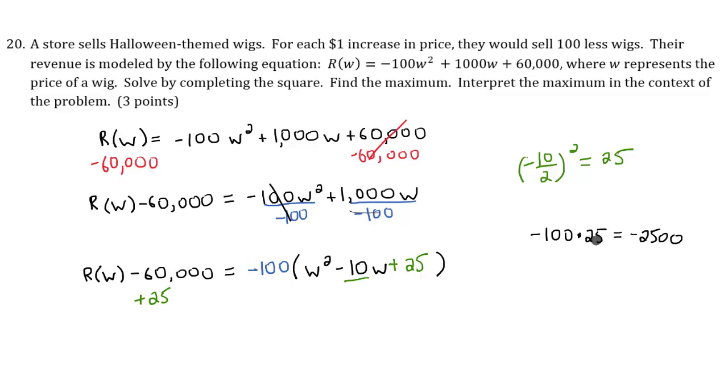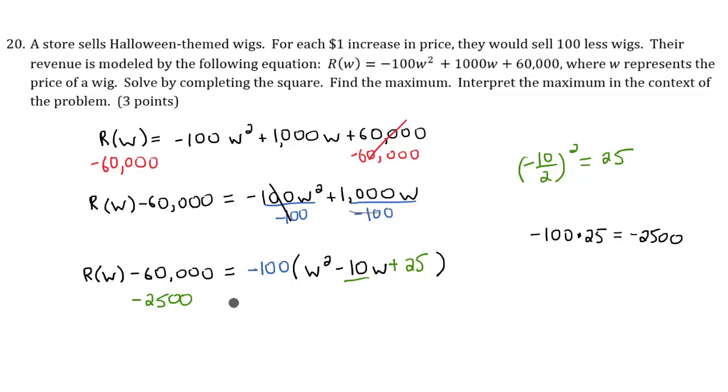Negative 100 times 25 is actually negative 2500. So that's how I'm affecting the right side of my equation. So let's get rid of this 25 here. I actually want to take away negative 2500 from this left side. So be careful of that. That's one of the big differences with this problem compared to the other ones.